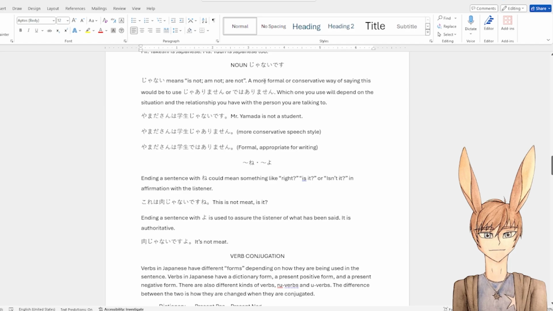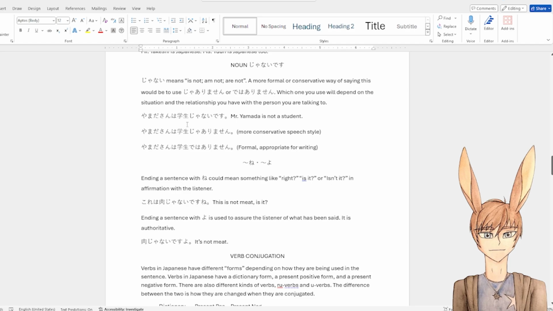The book gave a more formal way of saying it with ja arimasen or dewa arimasen. But I do believe that's more typically used with a more polite style of speech called keigo. Keigo is something that's talked about in the book's way later on, so we don't need to worry about that too much for now.